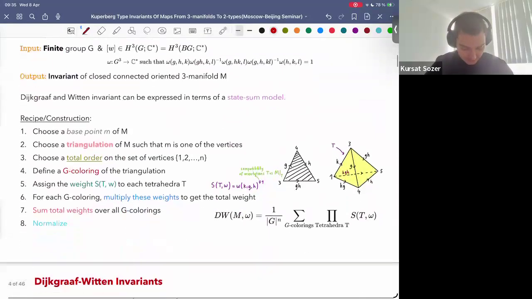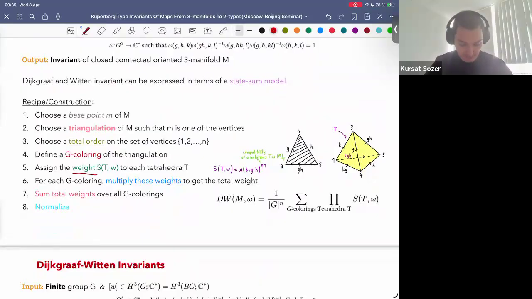Next, we assign a weight. There is not a single coloring; there are many colorings, but for each fixed G-coloring, we assign a weight to each tetrahedron.